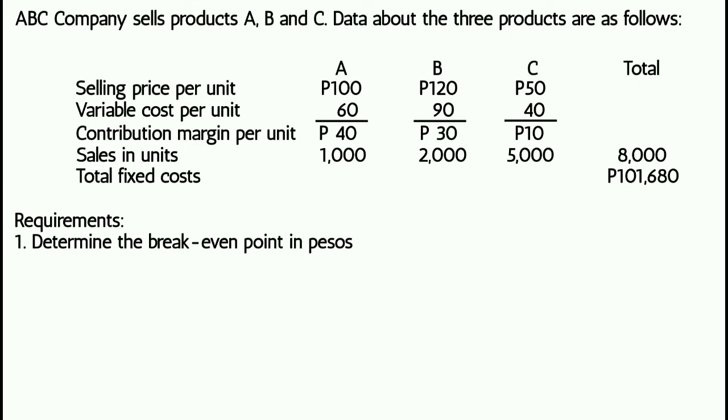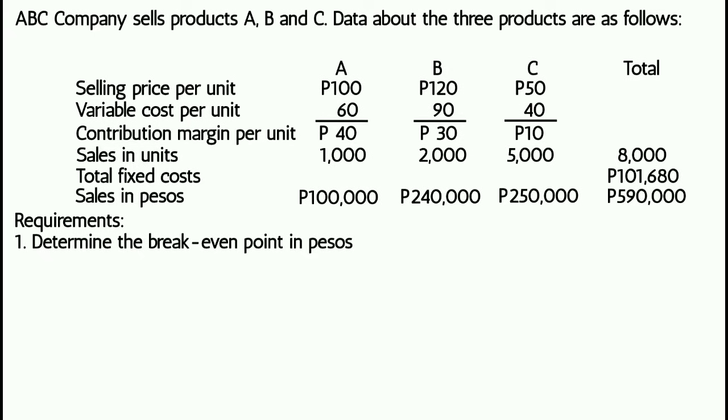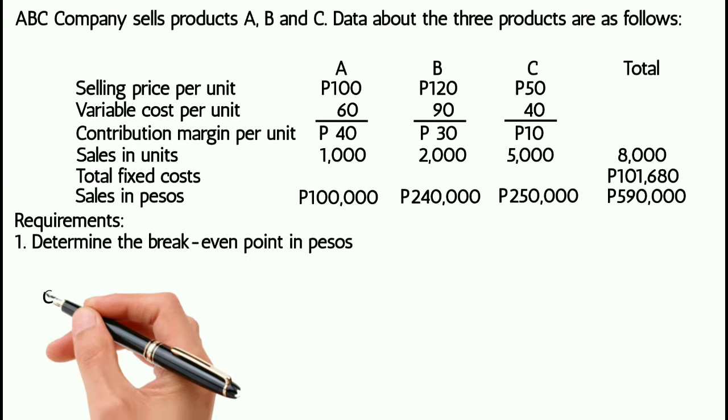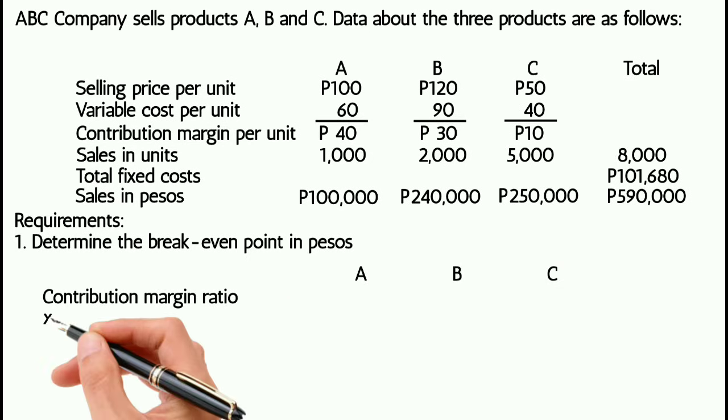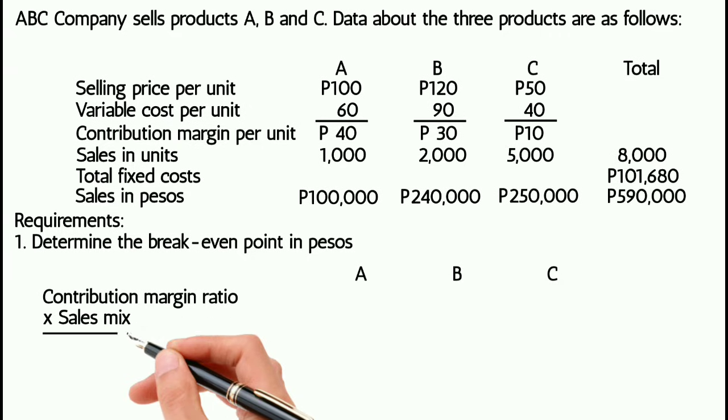Since given na sa problem yung fixed costs, ang problema na lang ay yung weighted average contribution margin ratio. Kukunin natin yung weighted average ng contribution margin ratio. To do this, kailangan nating i-multiply yung contribution margin ratio for each product sa sales mix.